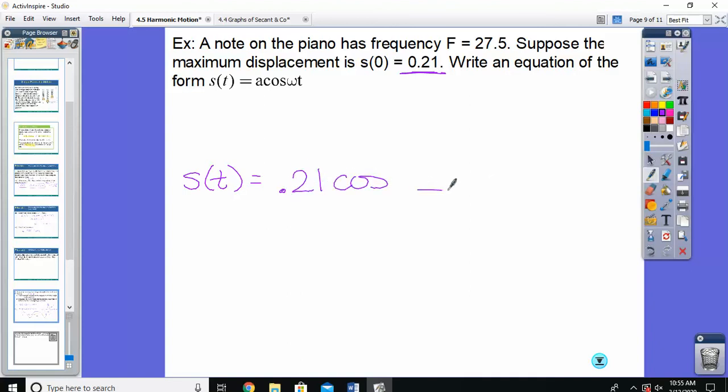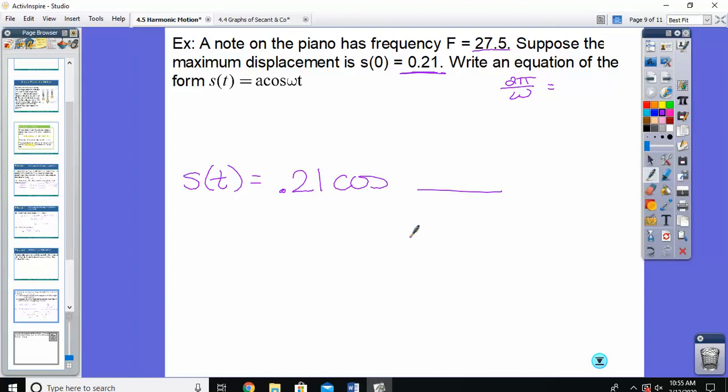All right, now I have to find my angle. We know that if you do 2 pi over omega, you get your period. I didn't give you the period. I gave you the frequency. How are frequency and period related? Reciprocals.